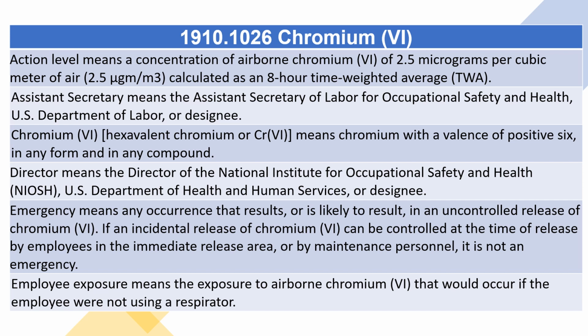Chromium (VI), hexavalent chromium or Cr(VI), means chromium with a valence of positive 6, in any form and in any compound. Director means the Director of the National Institute for Occupational Safety and Health (NIOSH), U.S. Department of Health and Human Services, or designee.